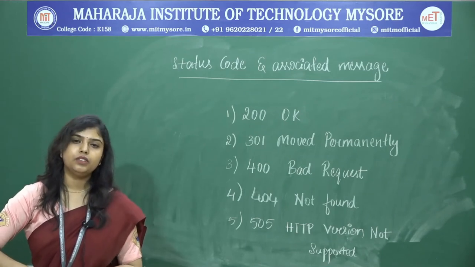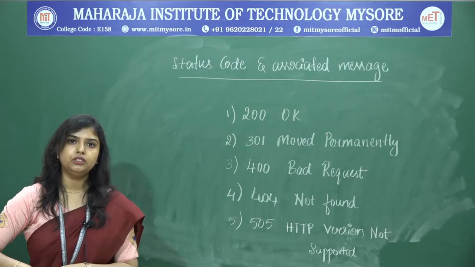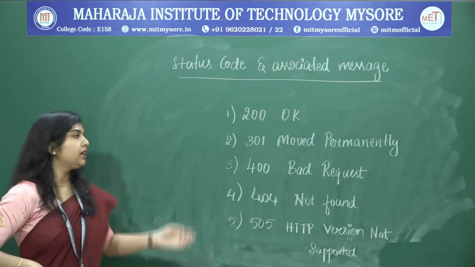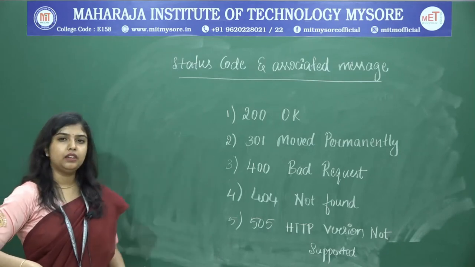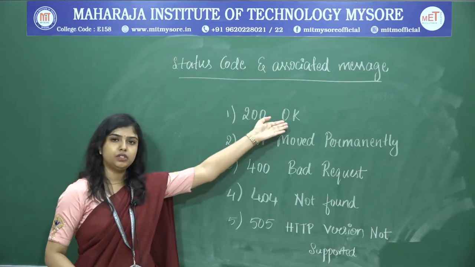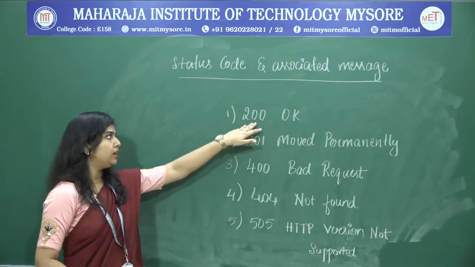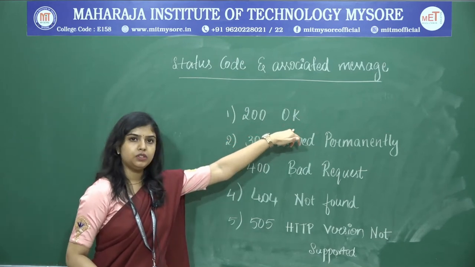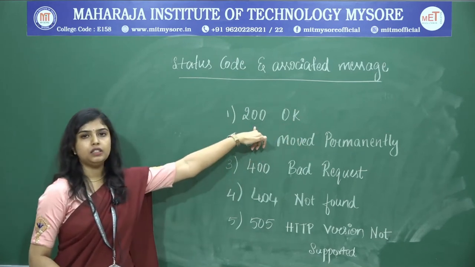So, in the status line we saw there was a protocol version, status code and the status information. They have listed a few. The first is 200 OK, which we saw in the example. 200 OK means this is the status code, this is the status message which is associated with the status code.